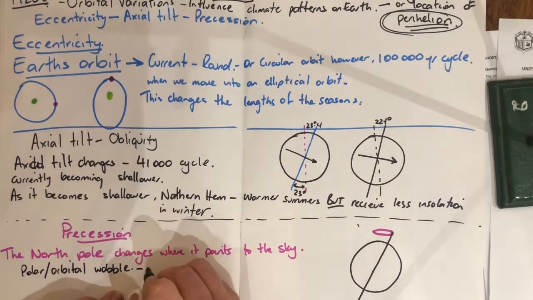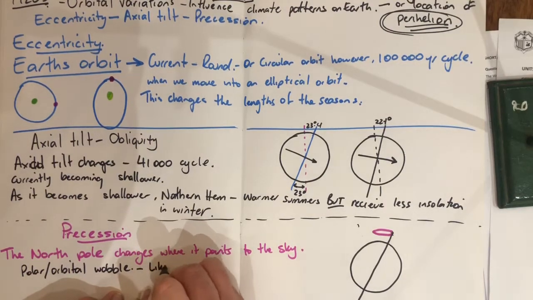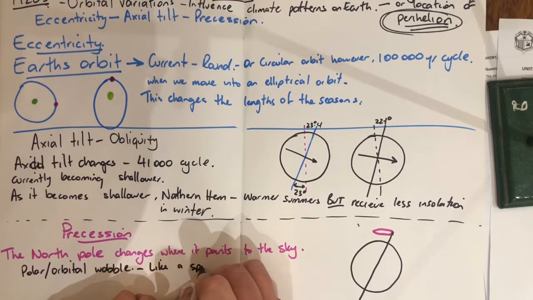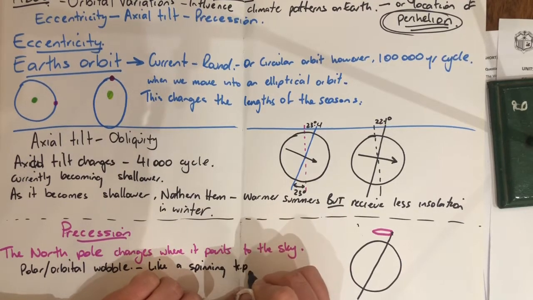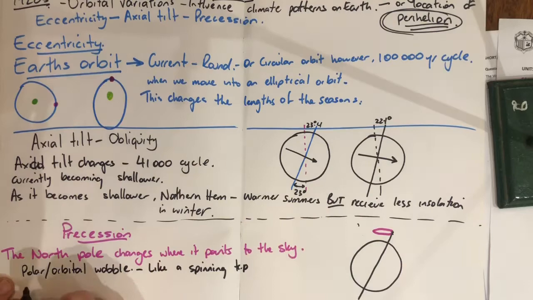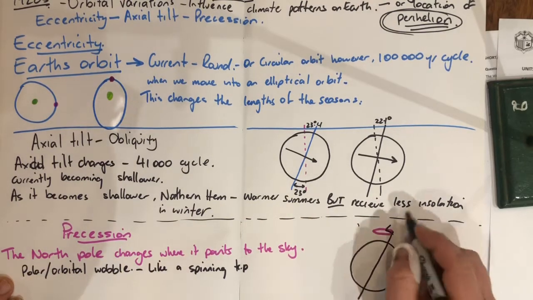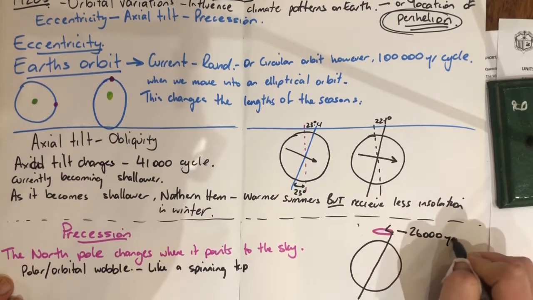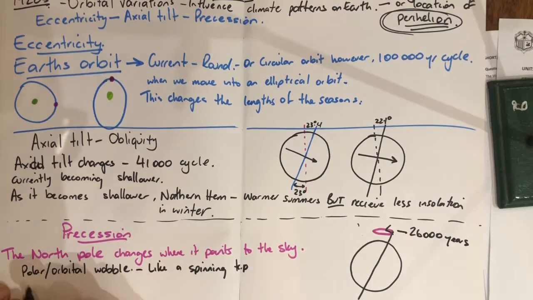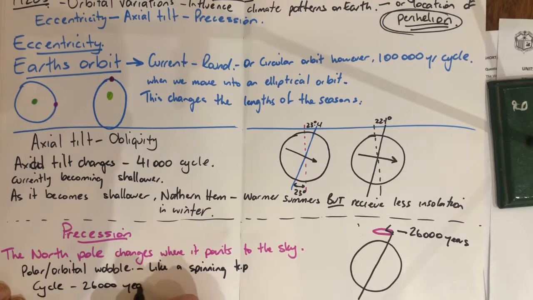And it completes. It is like a spinning top. And it makes one circle every 26,000 years.